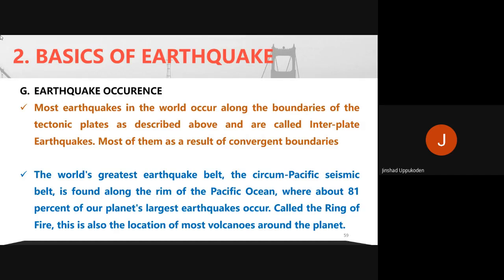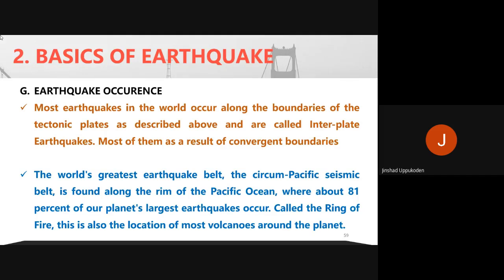It is found around the Pacific Ocean belt, the Pacific plate. It's called the Great Earthquake Belt. We call it the ring of fire, and most of the earthquakes and most of the volcanoes occur there.